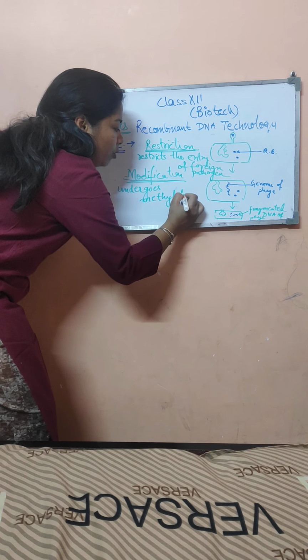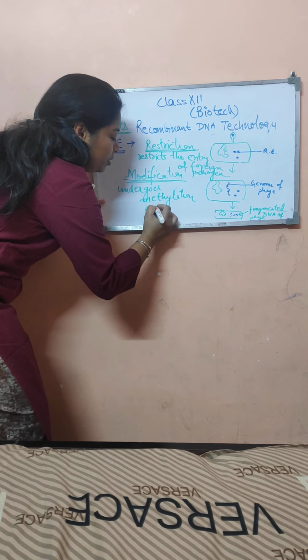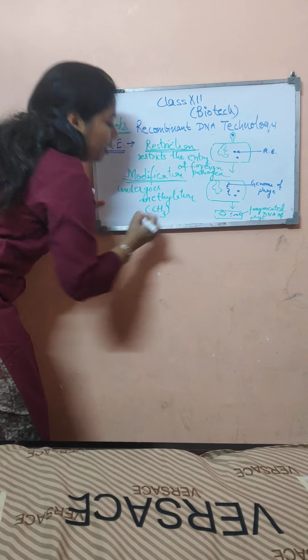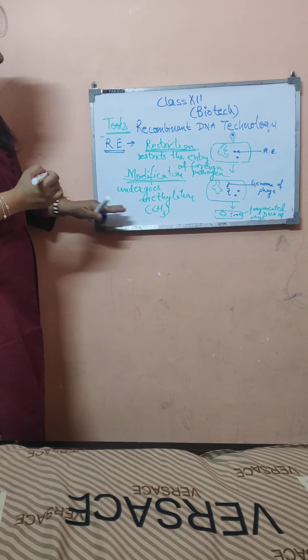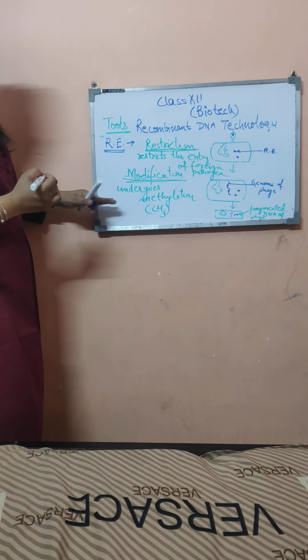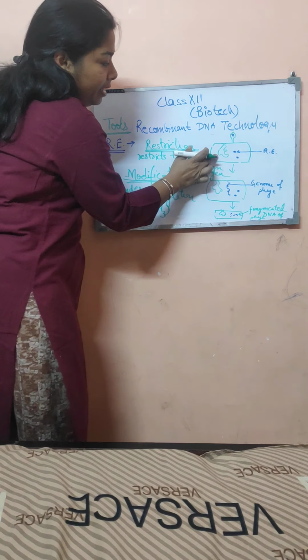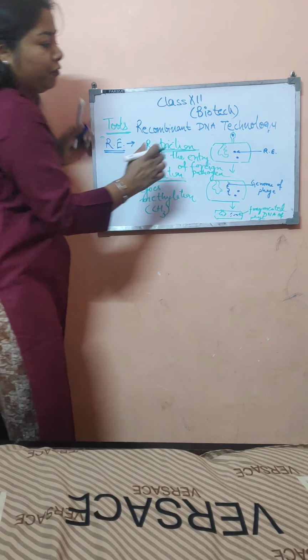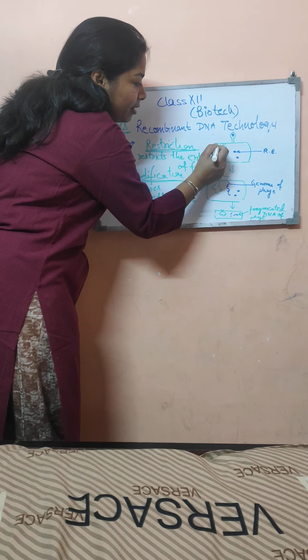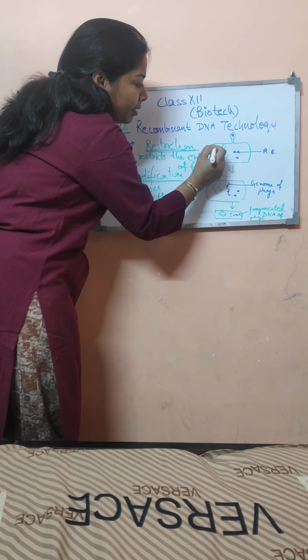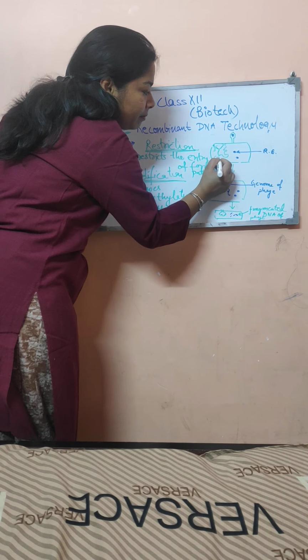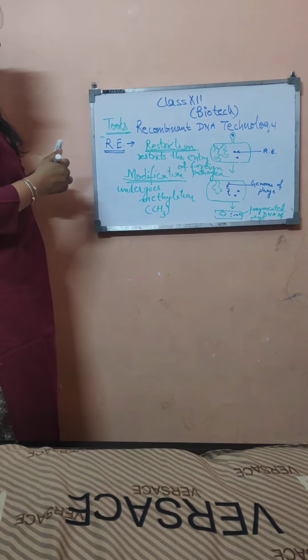What does that mean? It undergoes addition of this methyl group. Whenever this modification occurs in the DNA of the host cell, methylation occurs at various sequences.